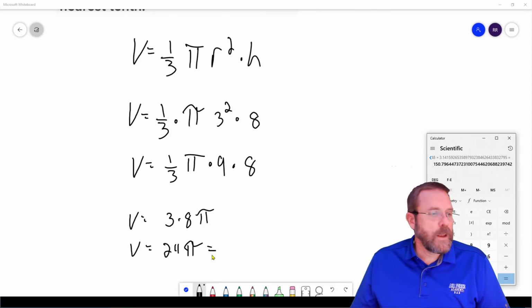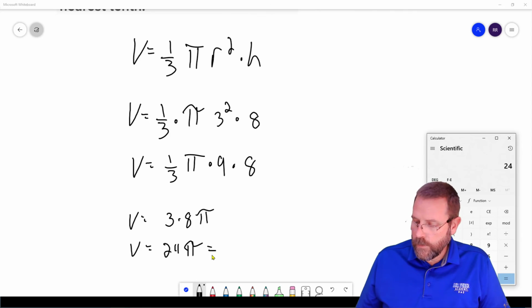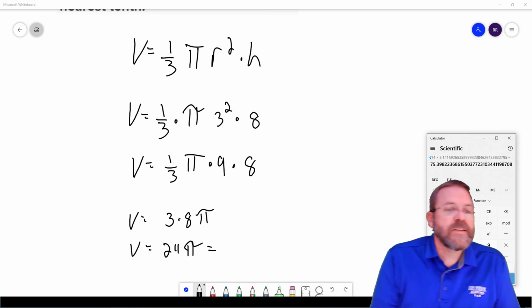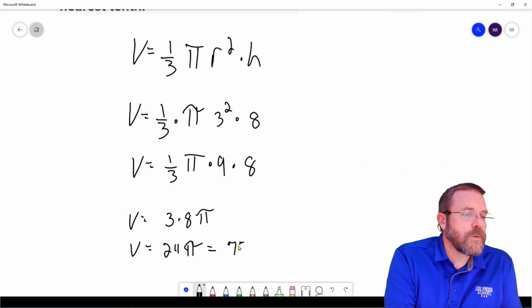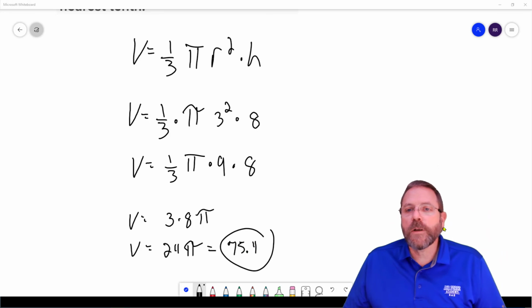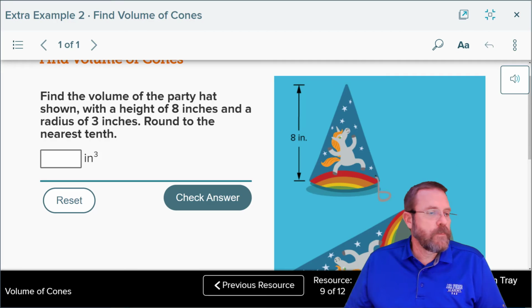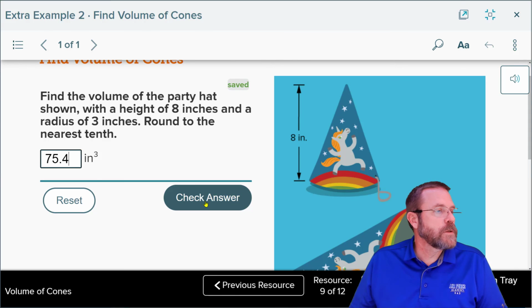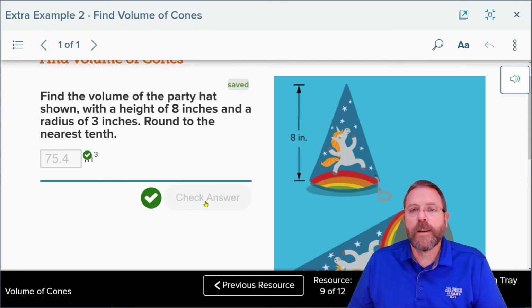So we're going to grab our calculator, 24 times, click our pi button, hit enter, and that's going to give us to the nearest tenth, 75.4, which is what we're going to plug into our textbook for our answer. Jump back over here, 75.4, check my answer, and my answer checks.